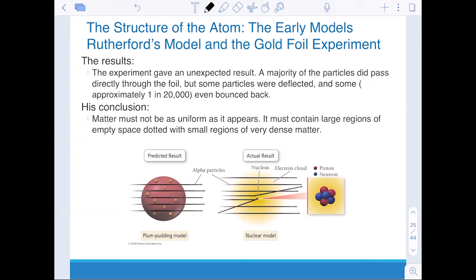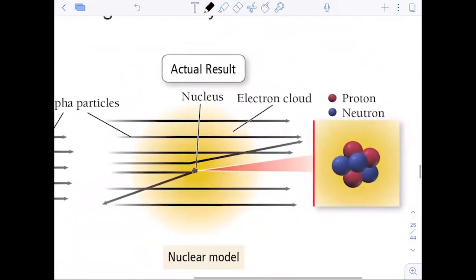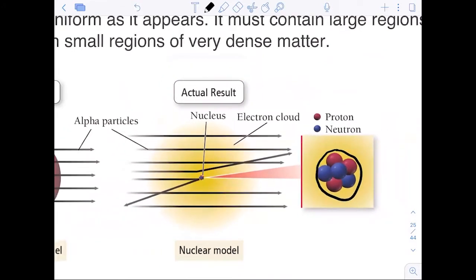And what he looked at was the idea that, well, if there was an actual deflection, maybe right in the middle there, you can kind of see it if I zoom in, a tiny little nucleus. And the protons and the neutrons must be encased in that tiny little nucleus.